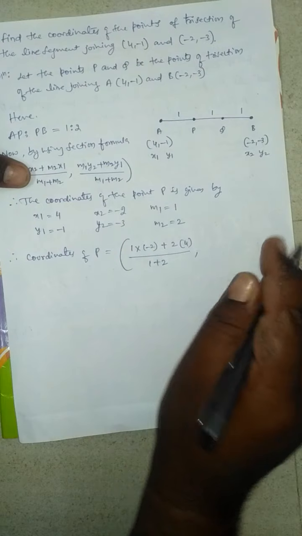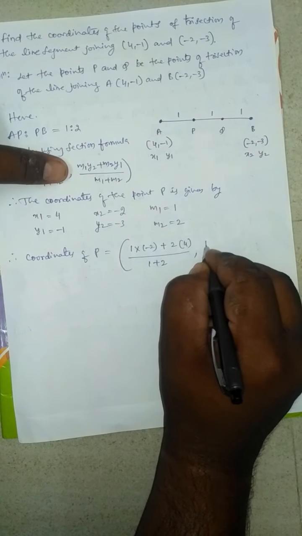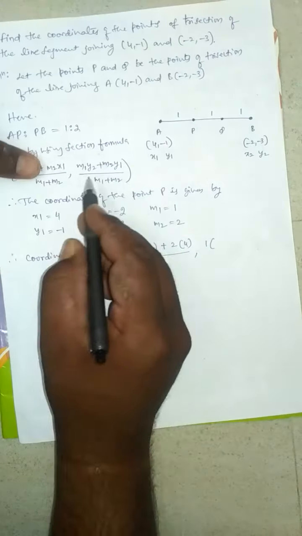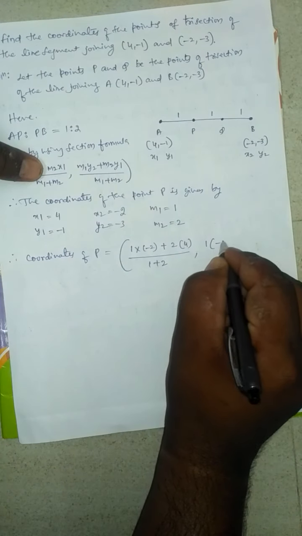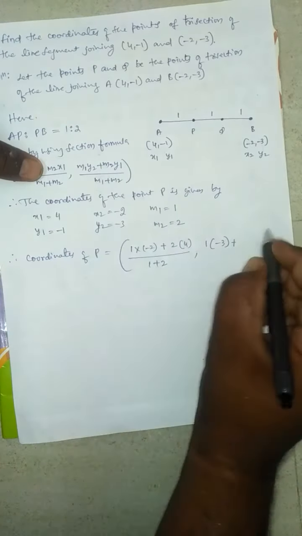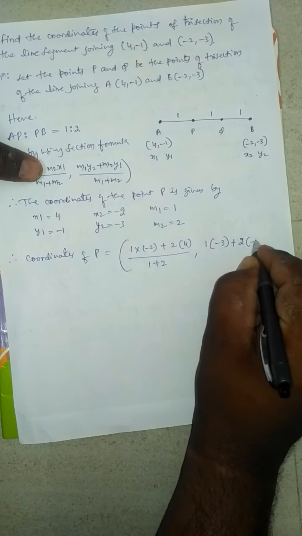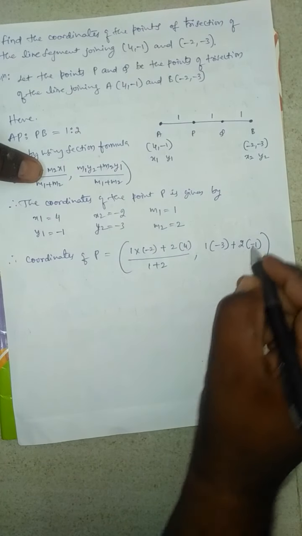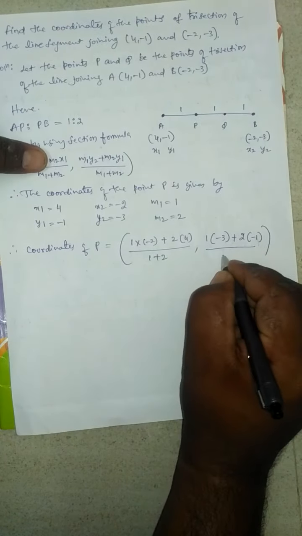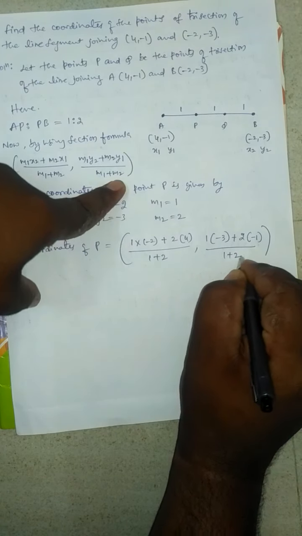Here the second coordinate: m1 value is 1 into y2 value minus 3 plus m2 value 2 into y1 value minus 1, divided by 1 plus 2.